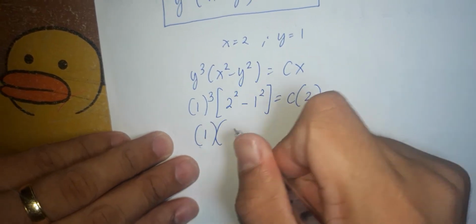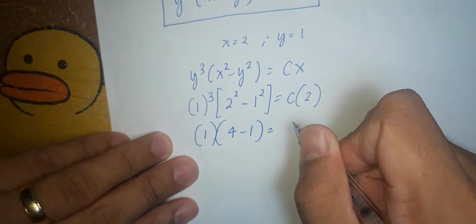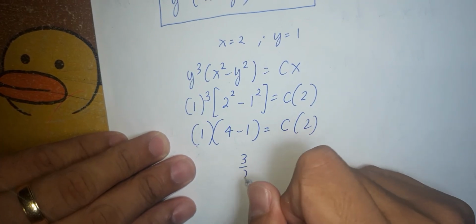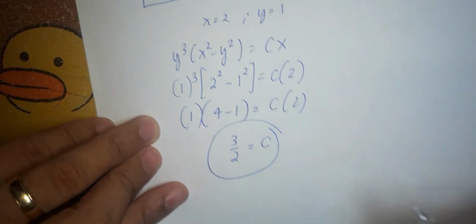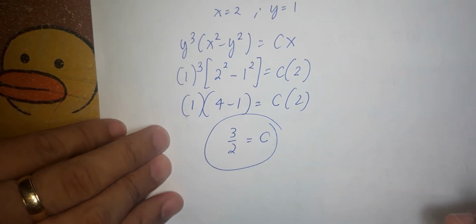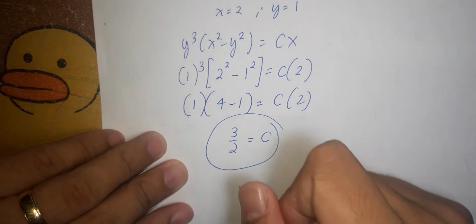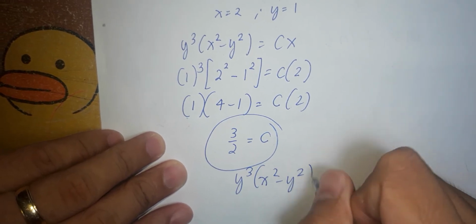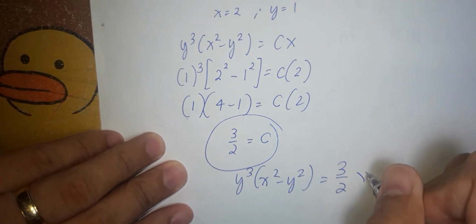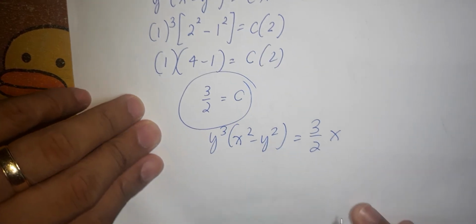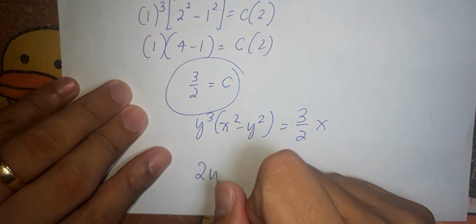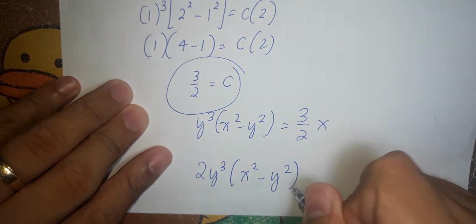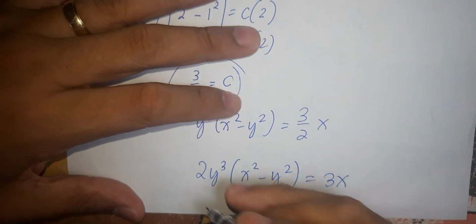That's 1 times 4 minus 1 is equal to c times 2. That's 3 over 2 is c. So since c is equal to 3 over 2, you have y cubed times x squared minus y squared is 3 over 2 x. Or cross multiplying gives 2y cubed times x squared minus y squared is equal to 3x.